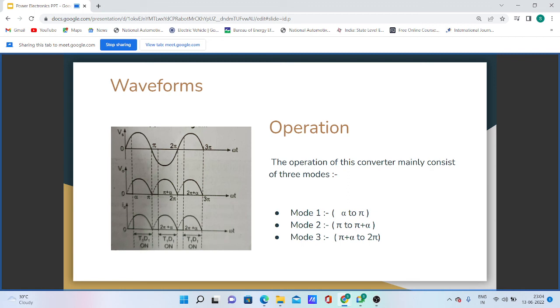Thus, the output is equal to the instantaneous supply voltage, because due to conduction of T2 and D2 the load is directly connected to the supply, that is VO equals Vs. The load current flows through T2, R and D2. Thyristor T2 and diode D2 conduct up to 2 pi. At omega t equals 2 pi, commutation takes place due to the natural zero appearance across the supply.